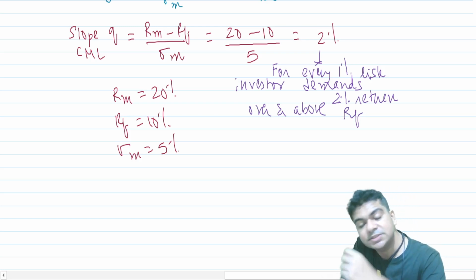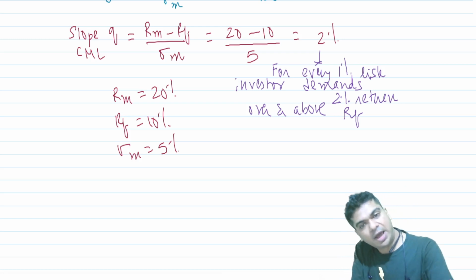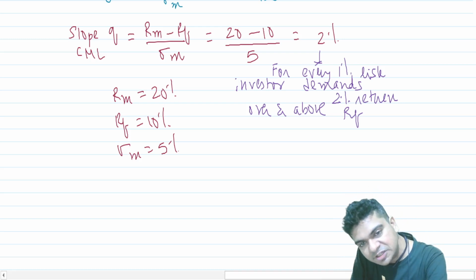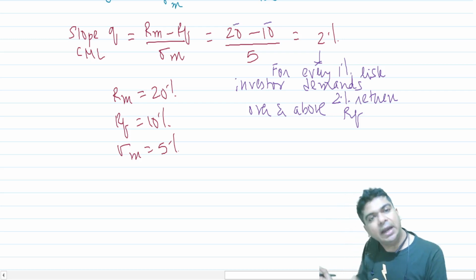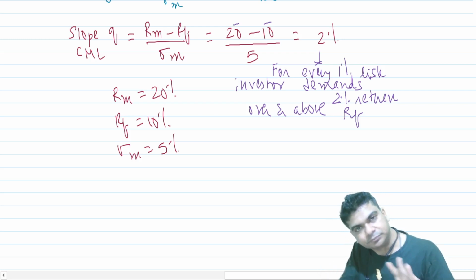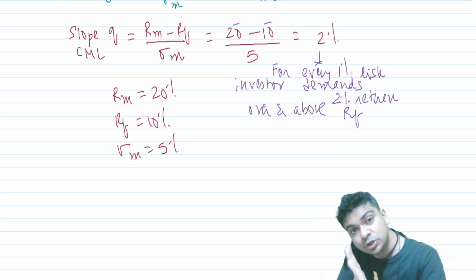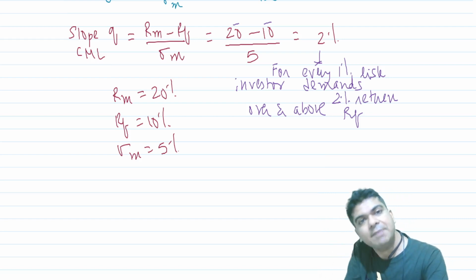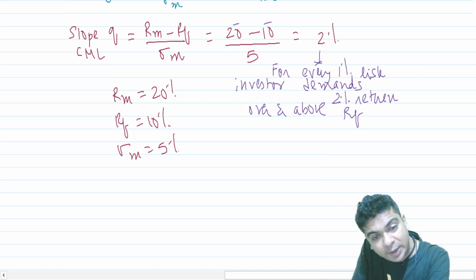Does it make sense? Just see, 20 minus 10 divided by 5. What I have done here is 20, which is your RM, and 10 is your RF. So I'm deducting the risk-free rate of return. Why are we deducting the risk-free rate of return? That's also very interesting. If I do not take any risk, I am getting 10%. There is nothing great about this 20%.